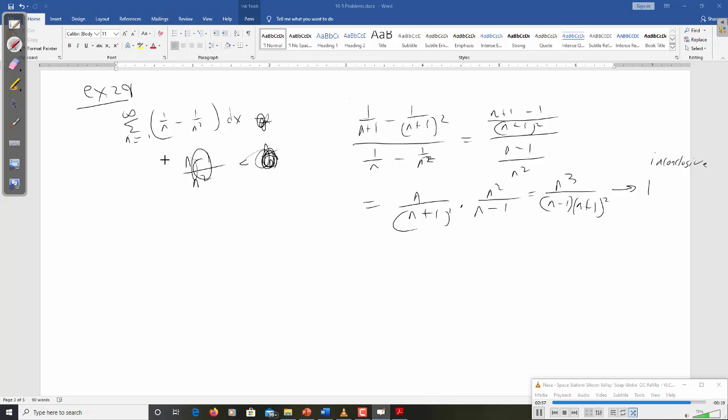I think I would just do this. This is a divergent p-series. This is a convergent p-series. Sum of convergent and divergent series is divergent.